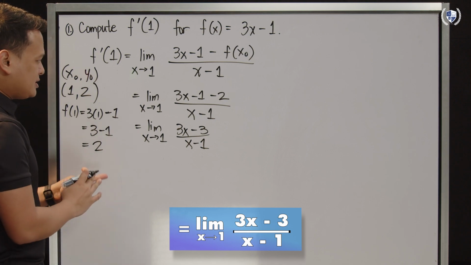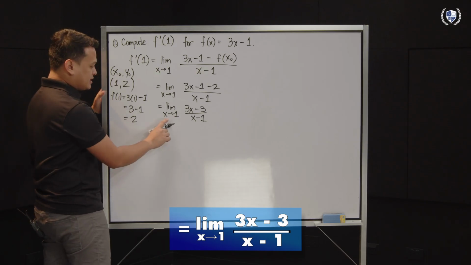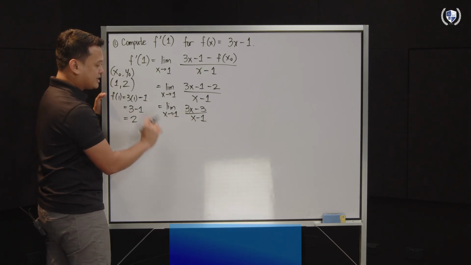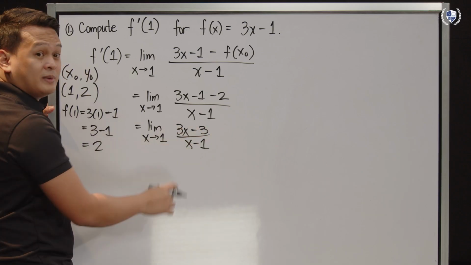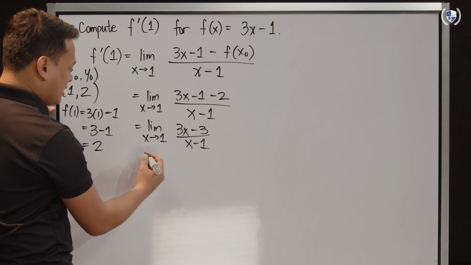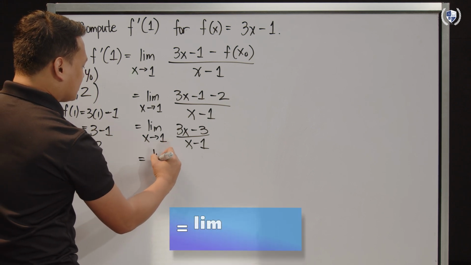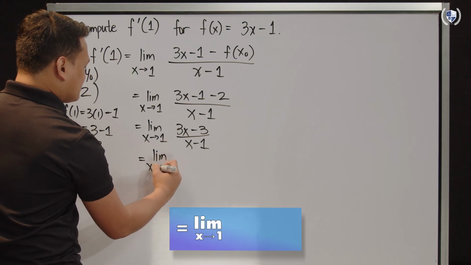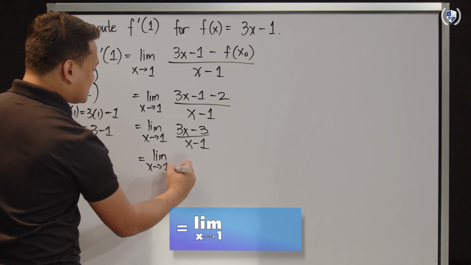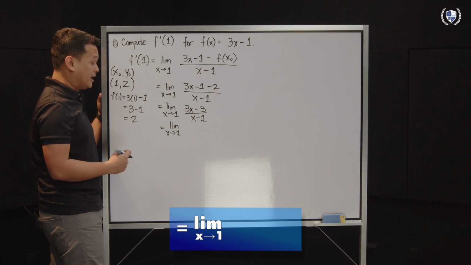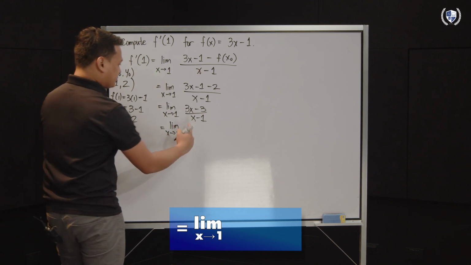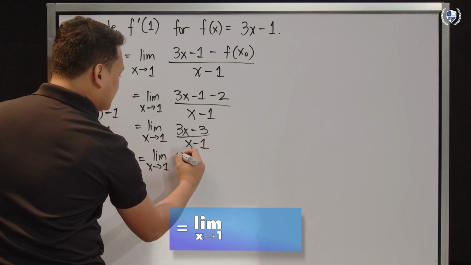And kung mapapansin nyo, indeterminate ang form natin kasi if you substitute 1 dun sa dalawang x dito, that would be 3 minus 3, 0, all over 1 minus 1 na 0 pa rin, indeterminate. Yun nga lang, pwede naman tayong mag-factoring. So, it's a very important skill when it comes to calculus na magaling kayong mag-factor out ng mga algebraic expressions nyo. So, factoring, gamitin natin yung GCF.